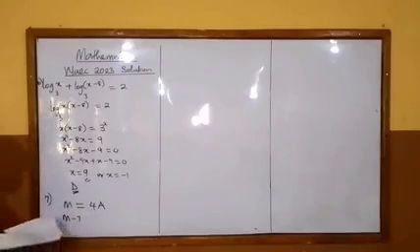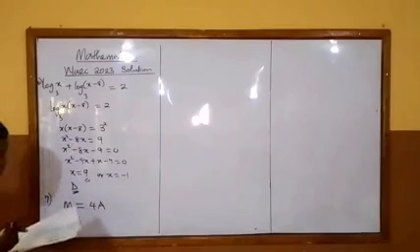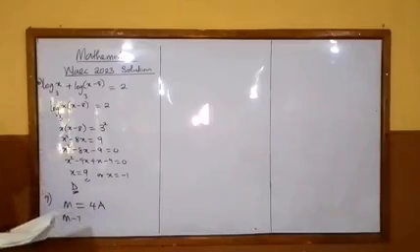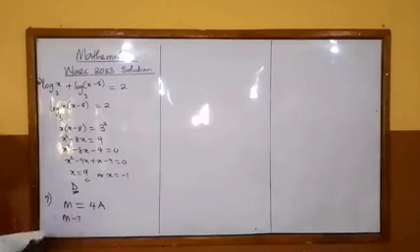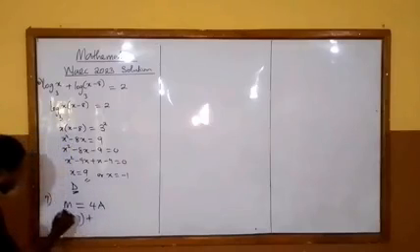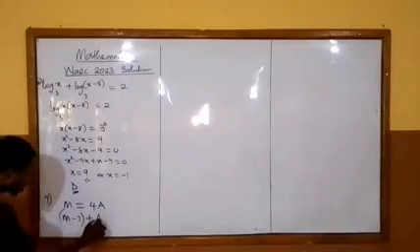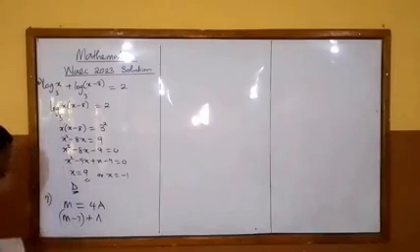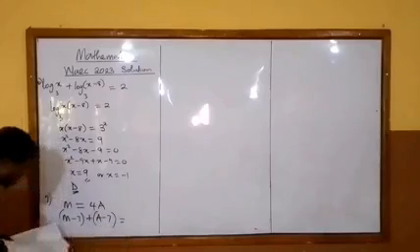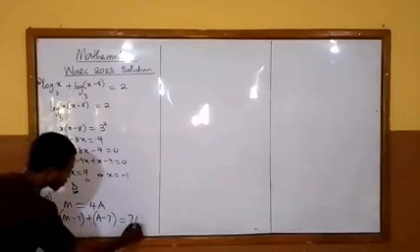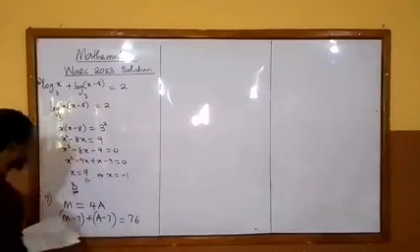Also 7 years ago, the age of his son will be A minus 7. The question says the sum of their ages 7 years ago was 76 years, so when we add them together, that's M minus 7 plus A minus 7 equals 76.